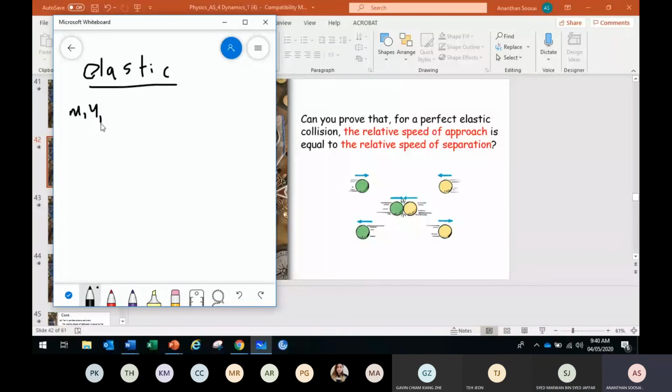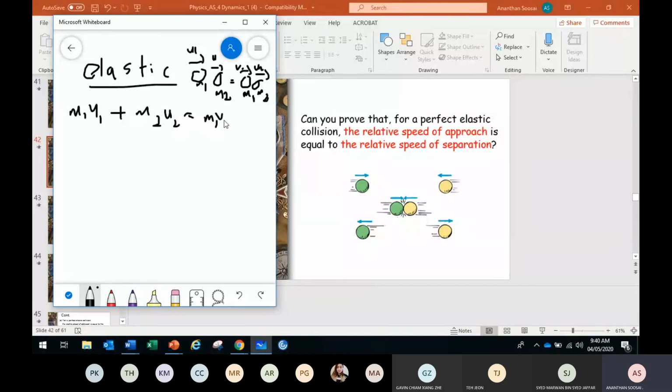M1 U1, assuming all the bodies move to the right: M1 with U1, M2 with U2. After the collision, M1 with V1 and M2 with V2, all moving to the right. By assuming this diagram all moving to the right, M1 U1 plus M2 U2 is equal to, okay, what?